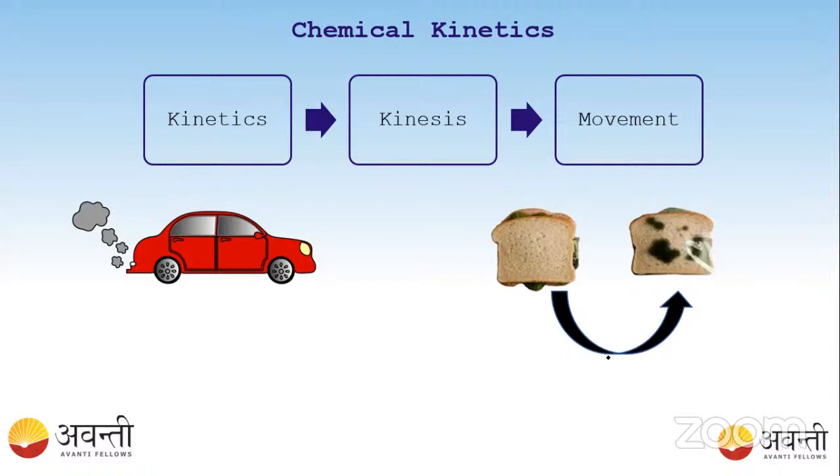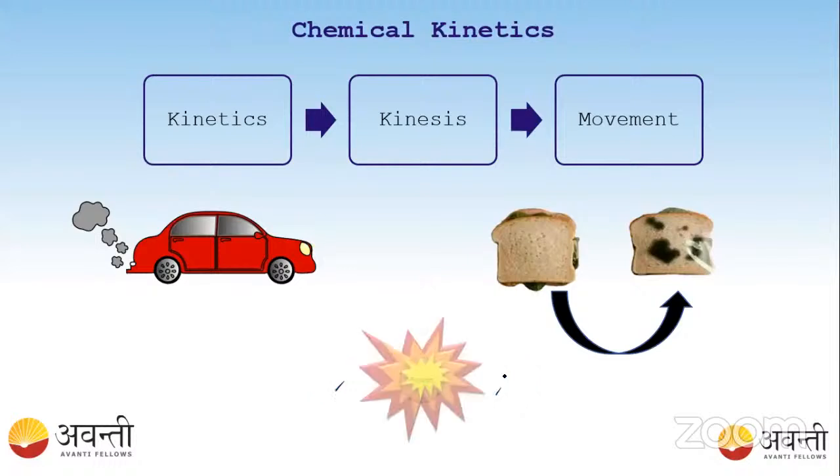Take, for example, bread or protein spoiling: this is a chemical reaction, so what is its rate of reaction? Keeping all these in mind, when you are treating any two reagents, as you can see here, reagent A and reagent B, when they come close to each other, they form a product.